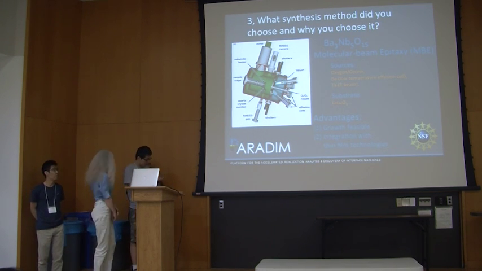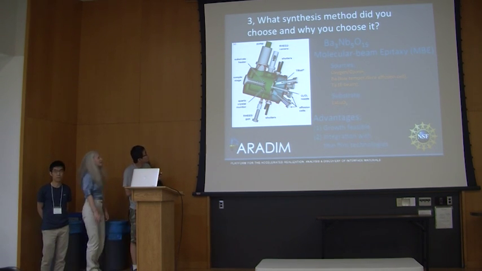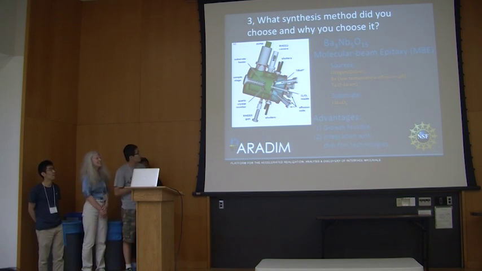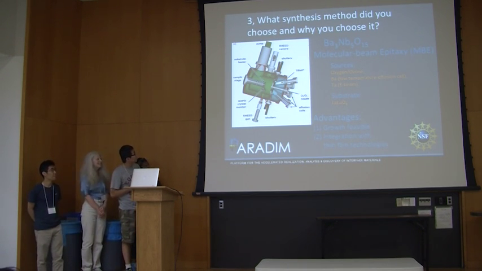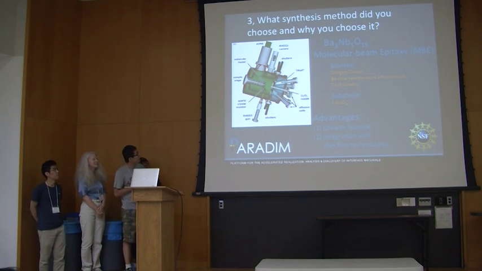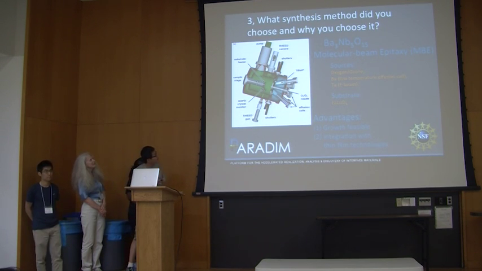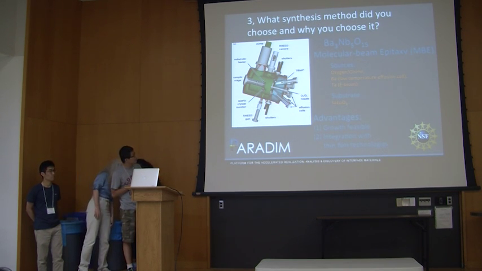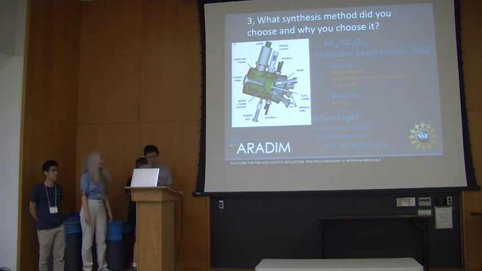So the growth method that we chose is molecular beam epitaxy. On the left is a schematic drawing of the technique, which is a chamber. It mainly consists of some vacuum pumps and some sources. In this specific case, it will be oxygen, barium, and niobium. And it also consists of a sample stage that is used for heating up and rotating the substrates.